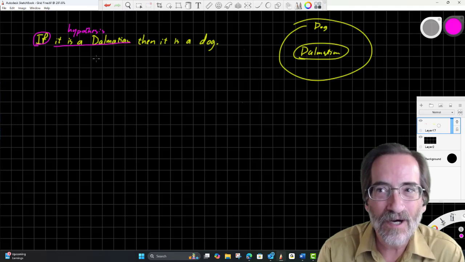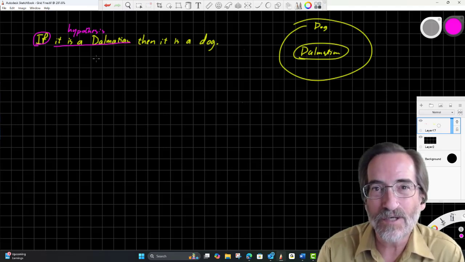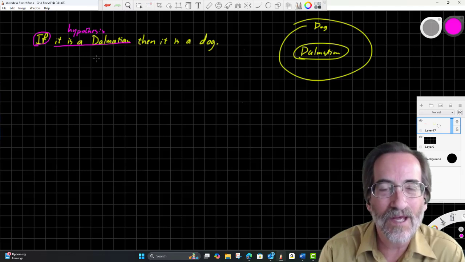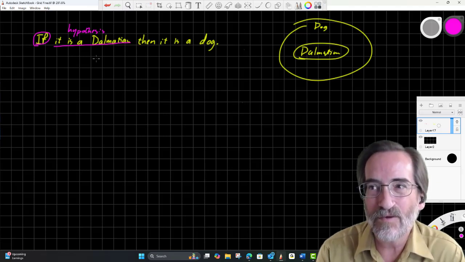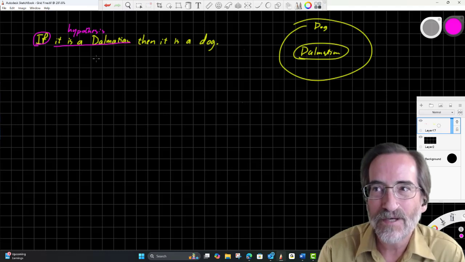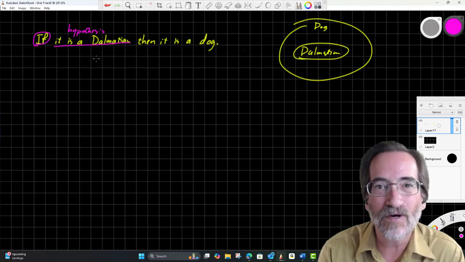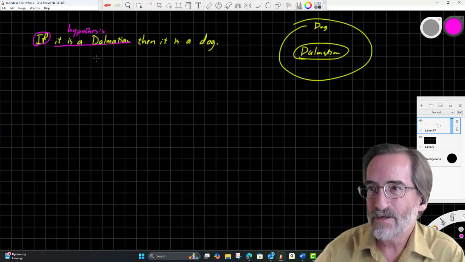That actually is not what it is in mathematics and logic. In logic, the hypothesis is the antecedent, the condition that must be met for the conclusion to follow. So hypothesis is the if part of the statement.